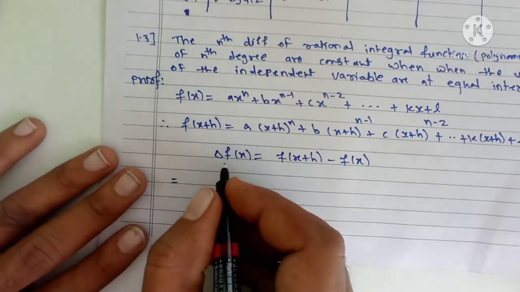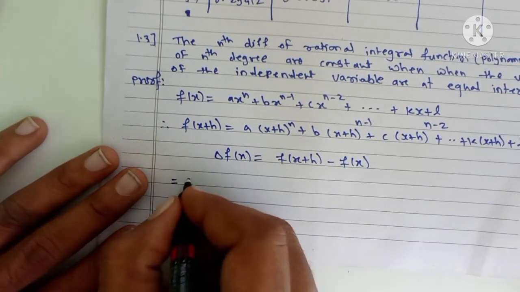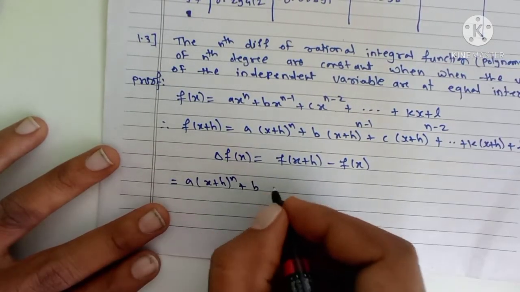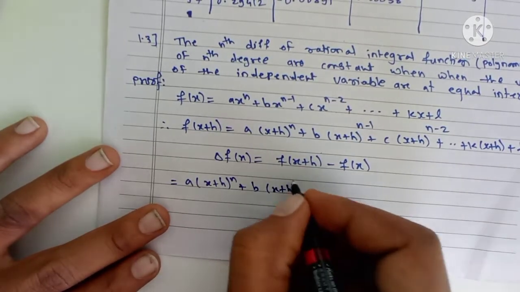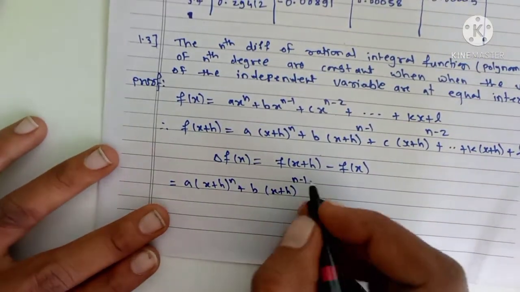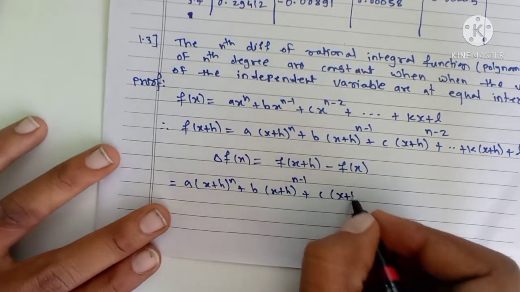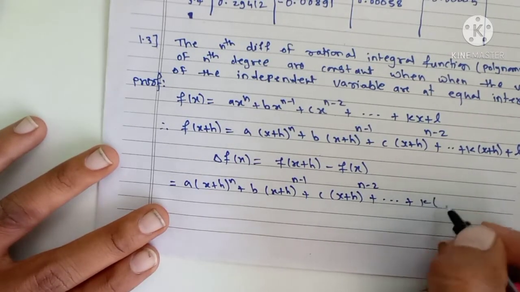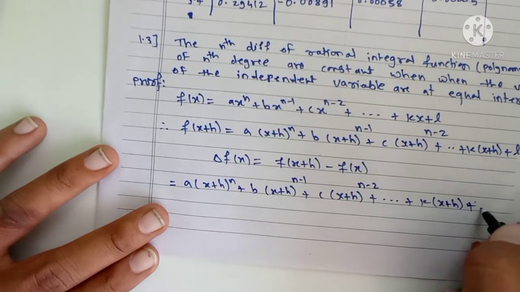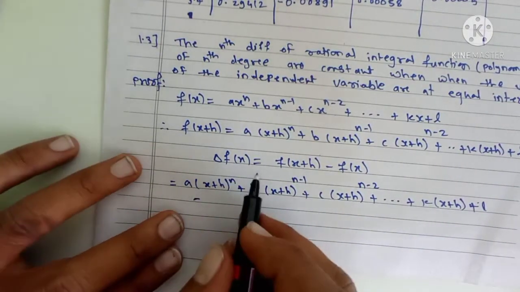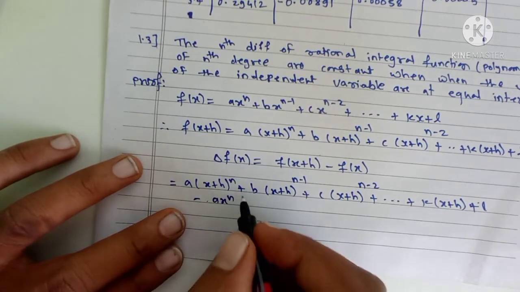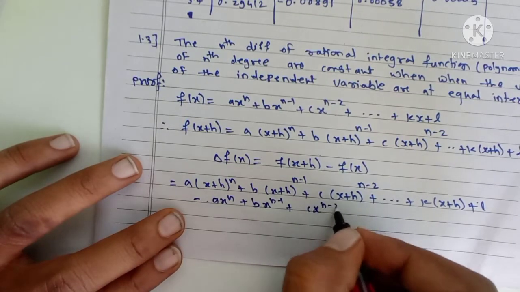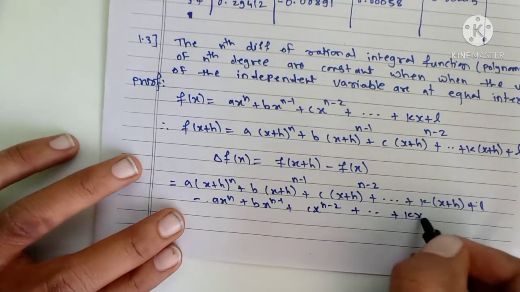So it is equal to a times x plus h raised to n plus b times x plus h raised to n minus 1 plus c times x plus h raised to n minus 2 plus and so on plus k times x plus h plus l minus f of x, ax raised to n plus bx raised to n minus 1 plus cx raised to n minus 2 plus and so on plus kx plus l.